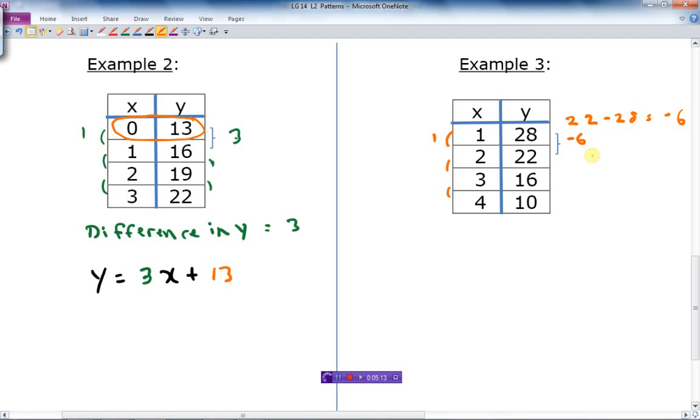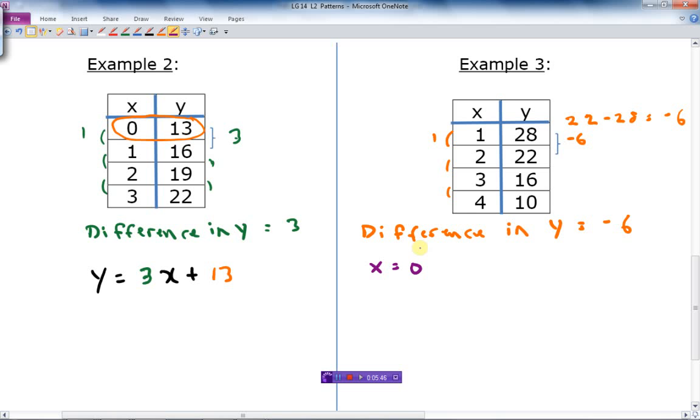So the difference in y is negative 6. That's going in groups of negative 6. Now it's going down. Now what about the 0 value? When x is 0, what will y be? Will y be smaller or bigger?